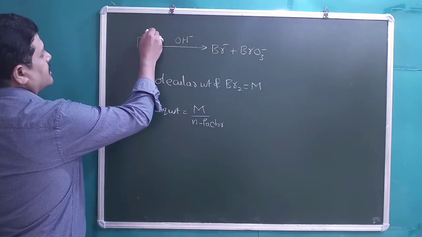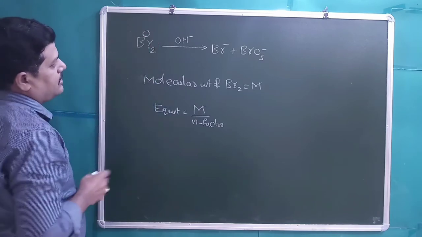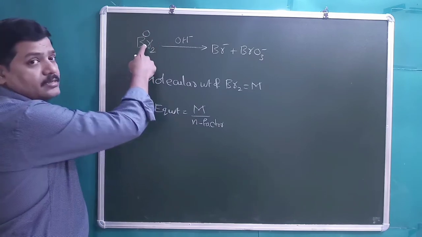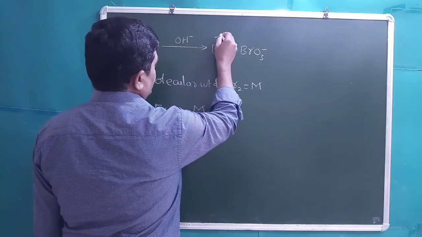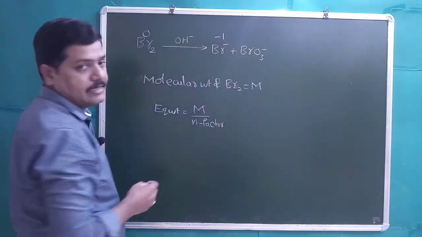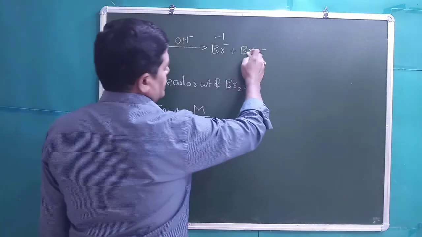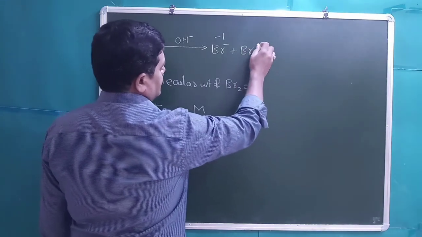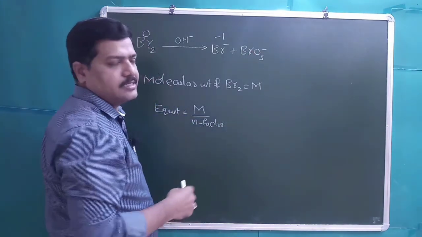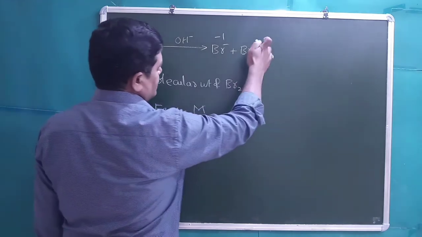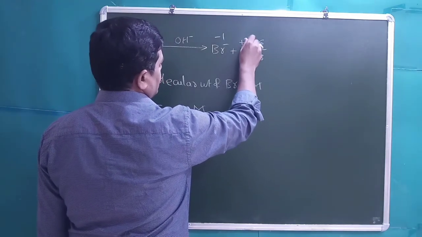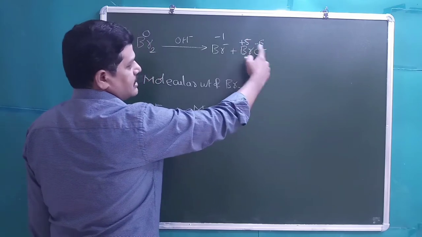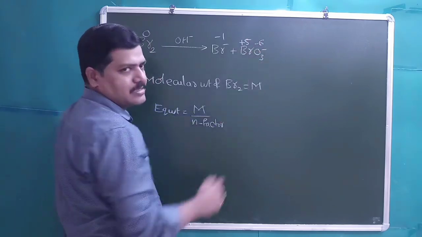Here it is in the elemental state on the reactant side, so 0 is the oxidation state. In Br-, minus 1 is the oxidation state. In BrO3-, oxygen's general oxidation state is -2, -2 into 3 is -6, and for the Br it is +5, since +5 minus 6 is -1, which is the same as the charge on the ion.